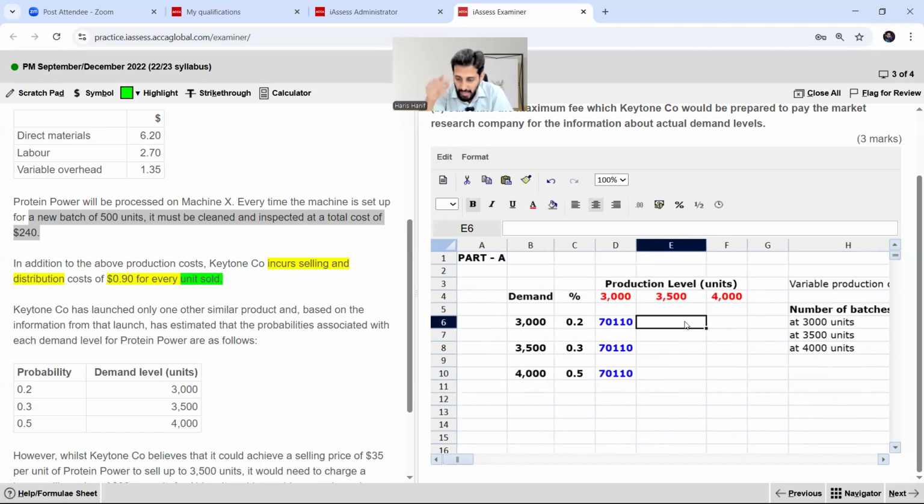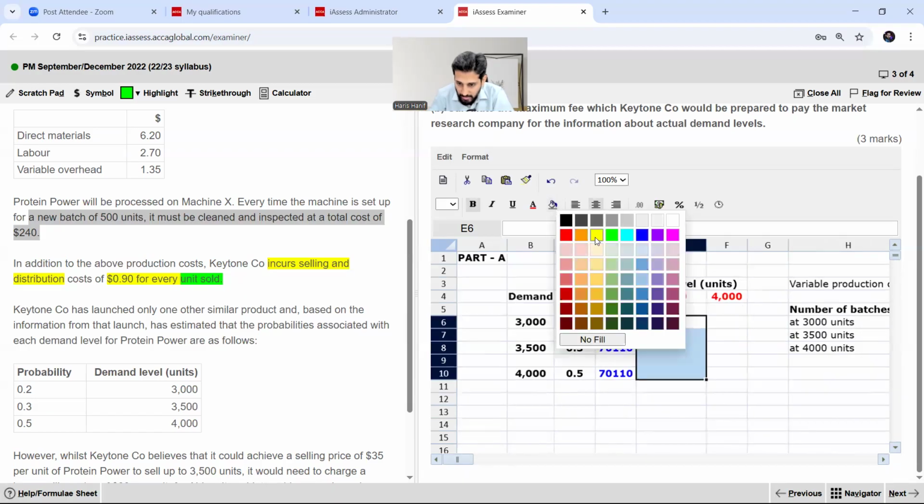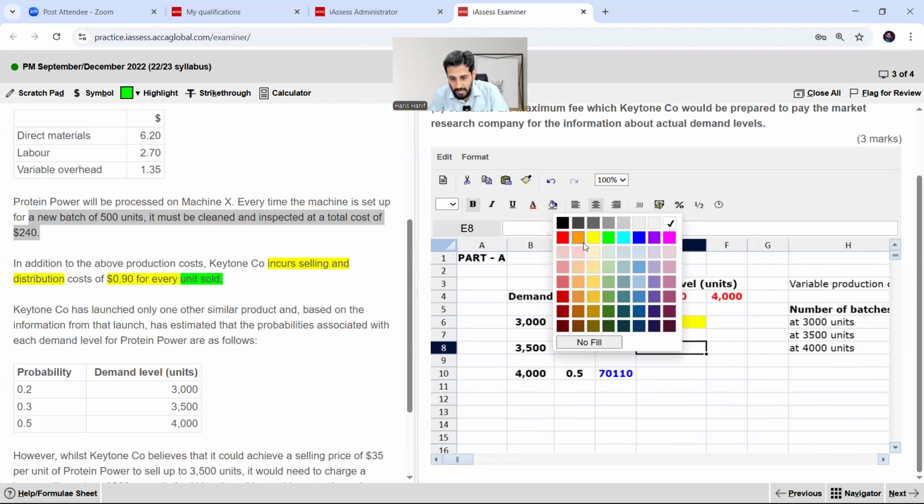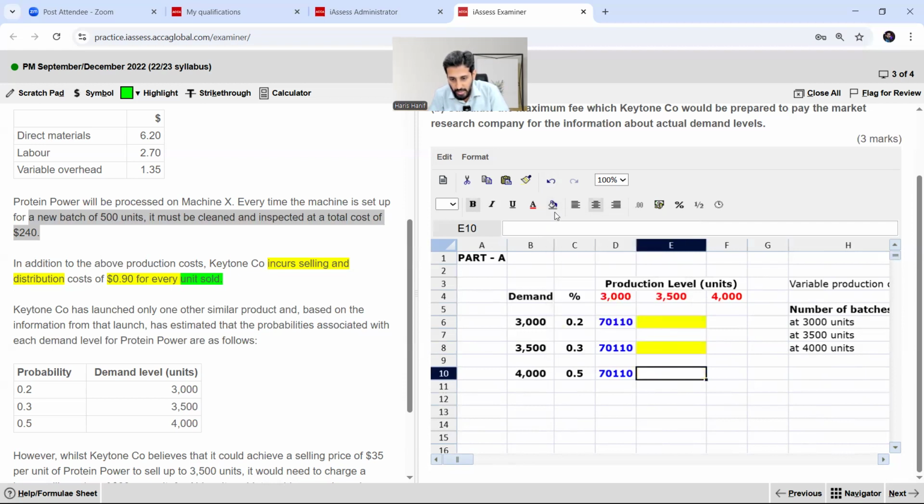Please note that at all these three levels, with your yellow boxes, actually I have to simplify my point as well. In all these three yellow boxes, there is a production level of 3500 and it will be fixed.